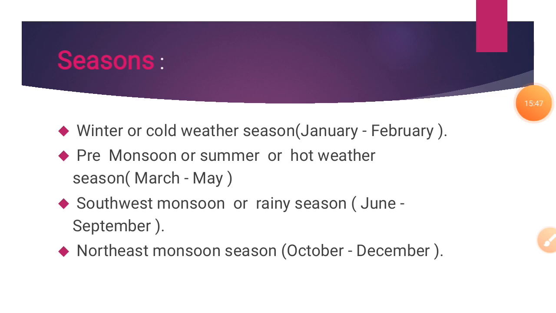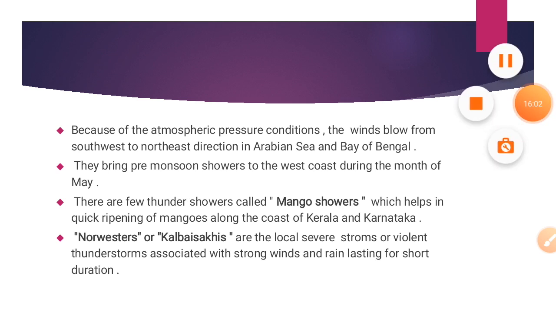Next, the important seasons in India: winter or cold weather season, pre-monsoon or summer season, southwest monsoon or rainy season, and northeast monsoon season. The next important question is mango showers.